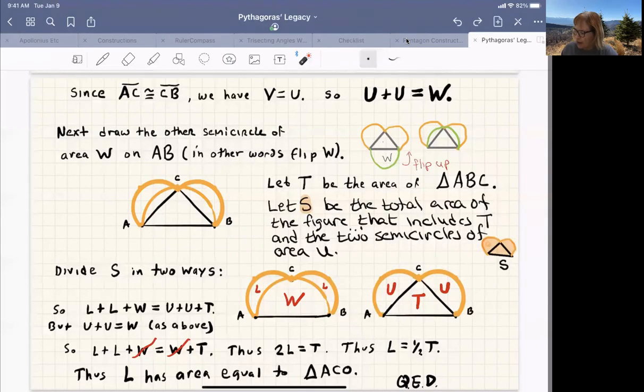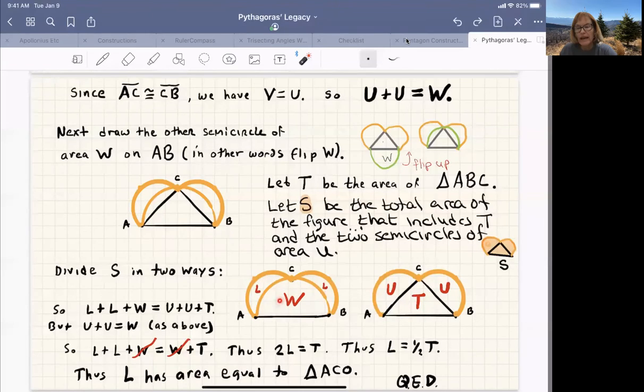But here's another way. Here's the semicircle W. Remember, W was the semicircle that we started with. It was drawn under the hypotenuse. Now the same semicircle is drawn above the hypotenuse. It's the same semicircle, and so the area is still the same.